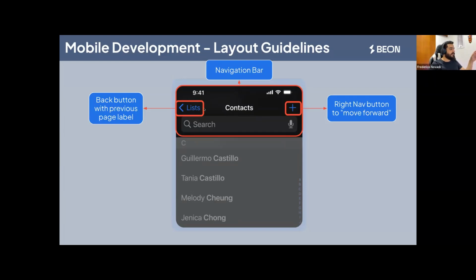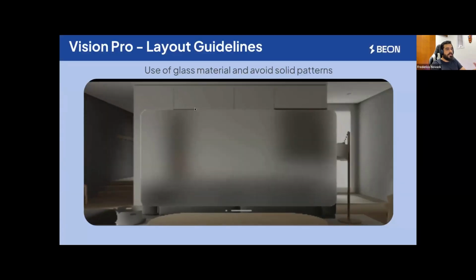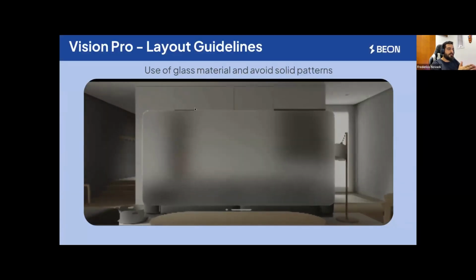We have on the left side a back button with a previous page label, so you can go back, and below it you have a list, a form-based view where you can interact with the user. Those elements are still present in the spatial era, but you do need to pay attention to some other stuff.